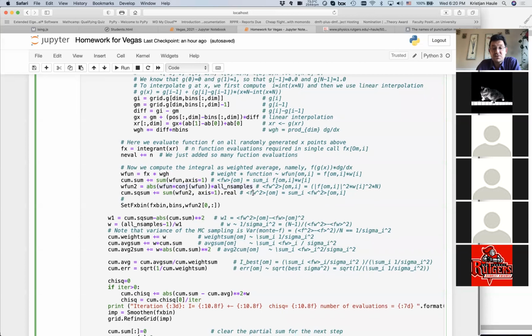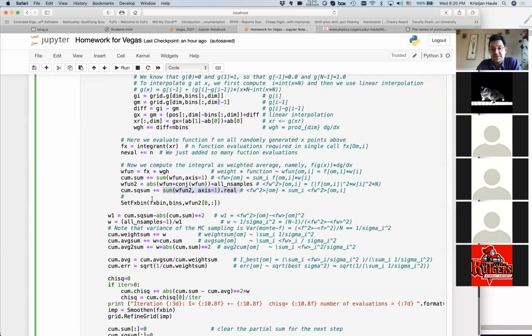And now if I want to get a two-dimensional array of f square of omega, which is the sum over all the values in the batch size, again I do the sum with axis equal to 1. And I take the real part, because V fun, we take the absolute square before, so this should be a real quantity.